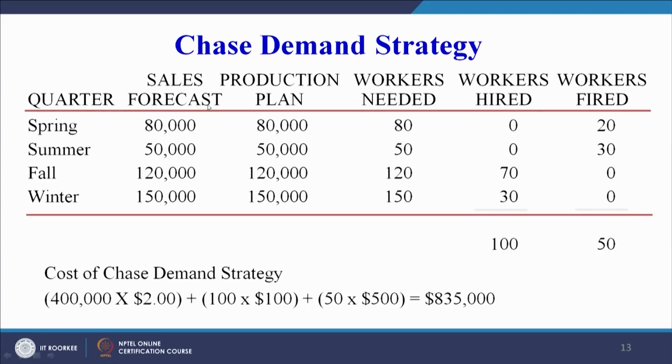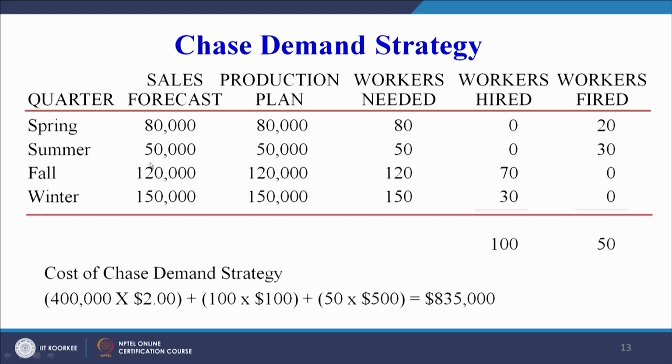Now you can see sales forecast is 80,000, production plan is also planned for 80,000 only. So we know that each worker can produce 1,000 pounds per quarter, so we need 80 workers only. But if you remember, we have a starting workforce of 100 workers, so we will hire only 80 workers for the first quarter, so 20 are additional, so we will fire 20 workers here.